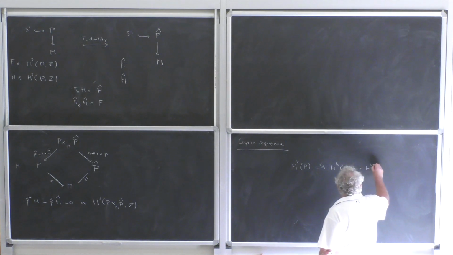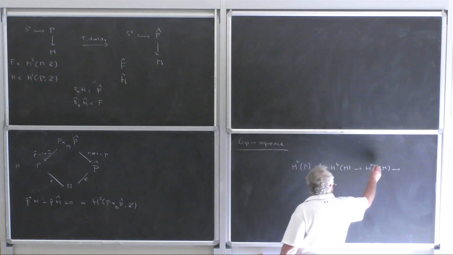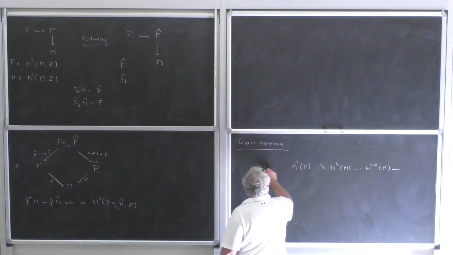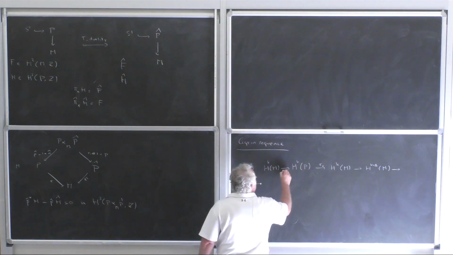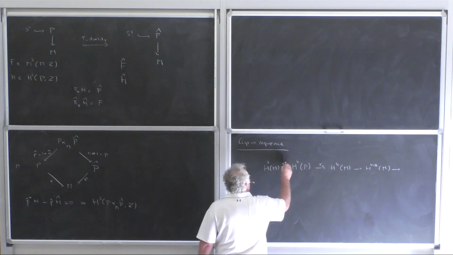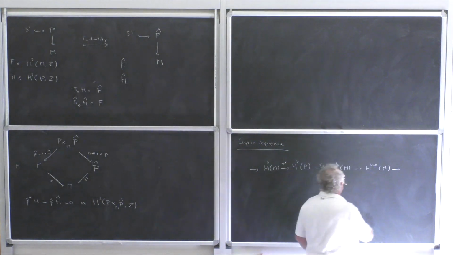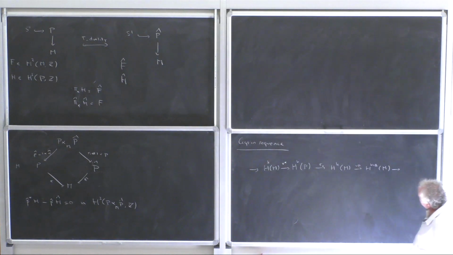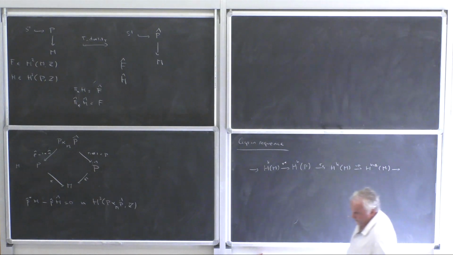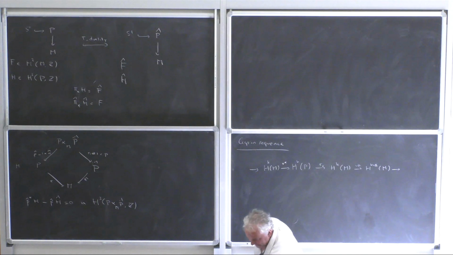The map from H^k of M to H^k of P is the easiest, that's just the pullback. The connecting map in this exact sequence is taking the cup product with the class that defines the principal S1 bundle.